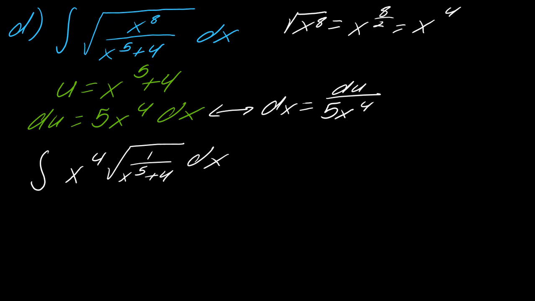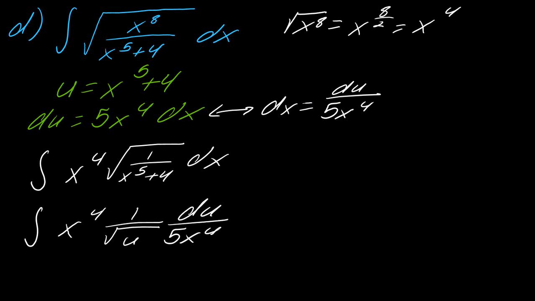Okay, so I'm going to make these substitutions using this method. I'm going to leave the x to the 4th alone. This is the square root of u in the denominator, and the square root of 1 is just 1, by the way, so we can write this as 1 over the square root of u. And where I had my dx, I'm going to replace it with du over 5x to the 4th.